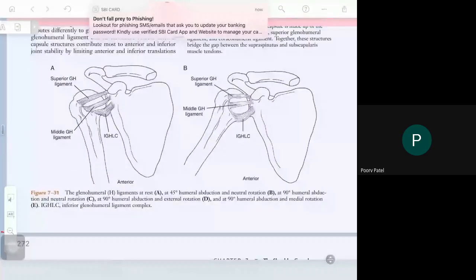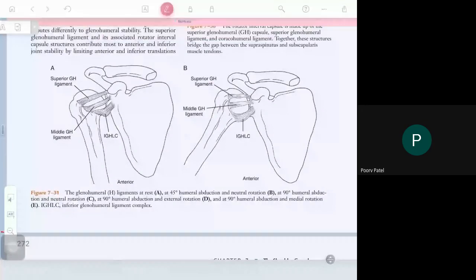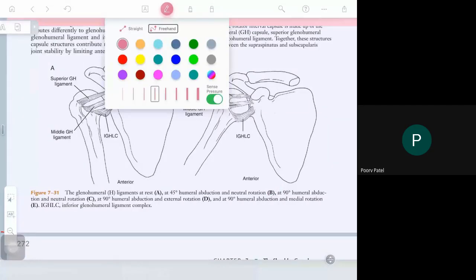Can you see the image? Yes, sir. Okay. So here 1, 2, 3, 4, 5 images are given. I will explain these images; you can go through them later. The first diagram is the glenohumeral ligament at rest.